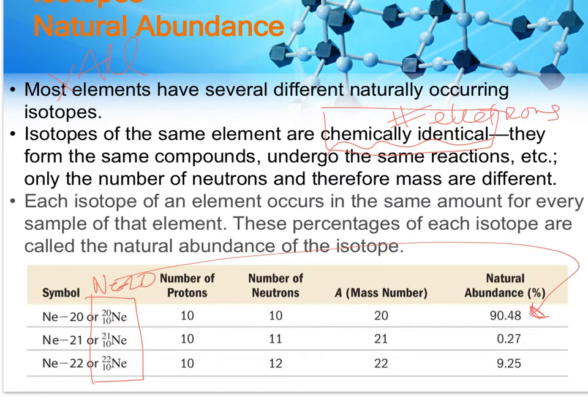If you take any sample of neon out of the Earth, you'll see that 90.48% of that sample is neon-20. That only about 9% of the sample is neon-22 and less than 1% is neon-21. So this is called the natural abundance of the isotopes, and we're going to learn to take the overall weighted average atomic mass using these values. So there's some math coming up.